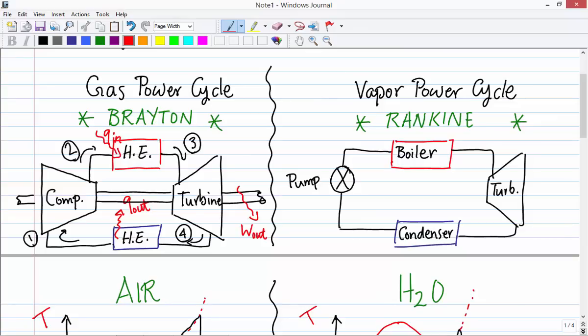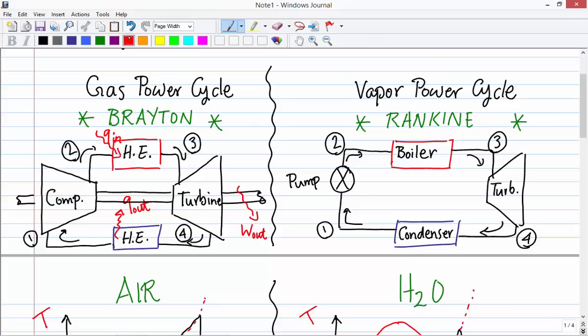Likewise, here we have point 1, the condenser outlet and pump inlet. Point 2, pump outlet and boiler inlet. Point 3, boiler outlet and turbine inlet. And point 4, turbine outlet and condenser inlet. That is the direction of how this cycle happens.